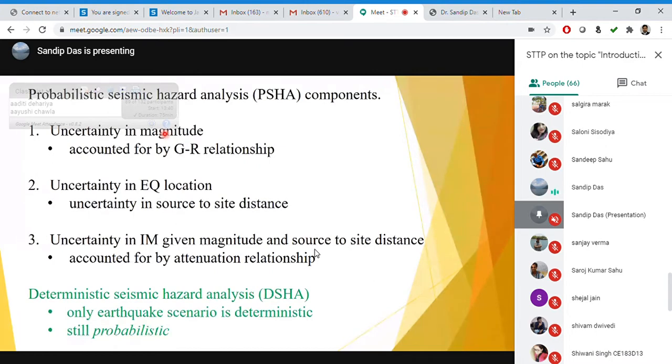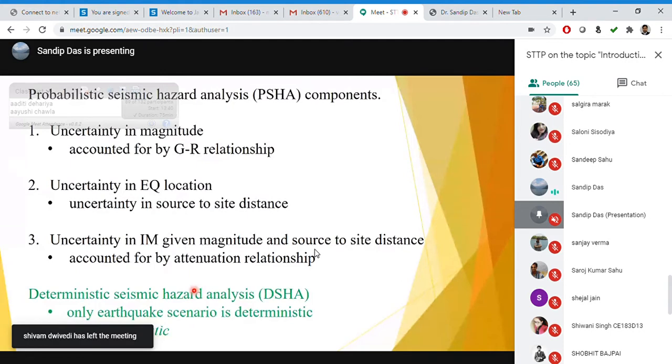So what is there? It is only the uncertainty in the attenuation model. So intensity measure uncertainty is still there. So it is still probabilistic, right? So it looks like an oxymoron, because you are saying that it is deterministic, then why is it probabilistic? Because of the hazard. As I said earlier, by definition, hazard itself is a probabilistic term, right?